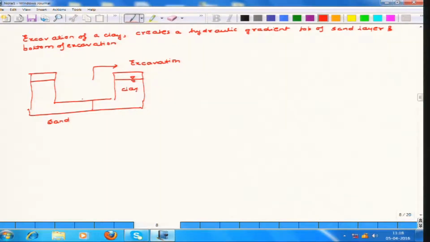That is what I said: between the water layer here and the sand layer at the top, there is a hydraulic gradient between these 2 points. Now, what will happen as a consequence? As a consequence, water will now start flowing in the vertical upward direction.